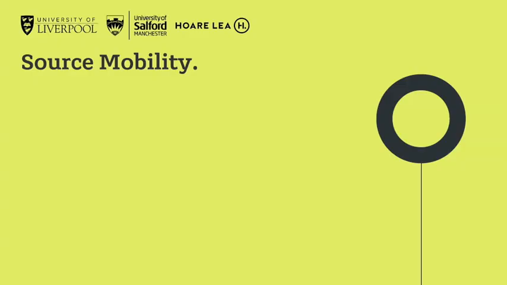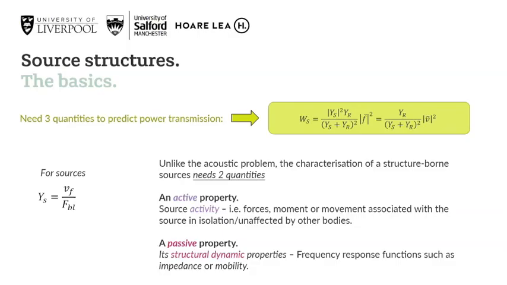Okay, so this leads us on to the topic of source mobility. But before we do, we remember that we need a number of descriptors to describe structure-borne power, and this differs from the acoustic problem where we could simply use sound pressure level measurements over an enclosing envelope of a source.